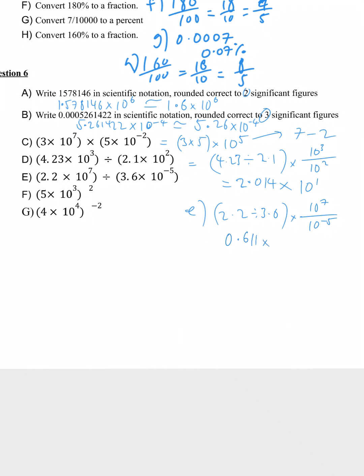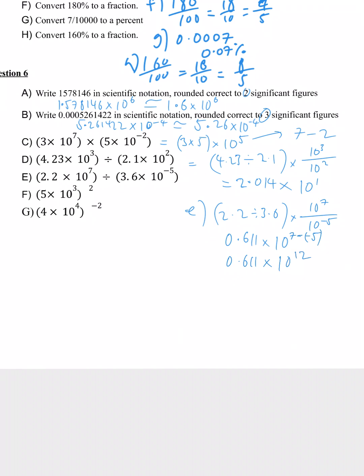And on the tens part, remember, if it's a minus power and you're dividing by it, you just end up adding the number. But to apply the rule, you start at 7 and we subtract the number below, which is minus 5. So that's 7 minus minus 5, which is the same as 7 plus 5, which brings us all the way up to power of 12.